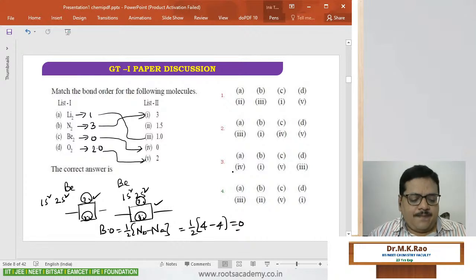Option belongs to, we have to see the correct option. Match the correct order.